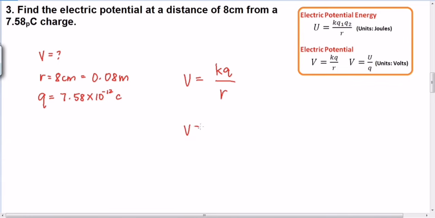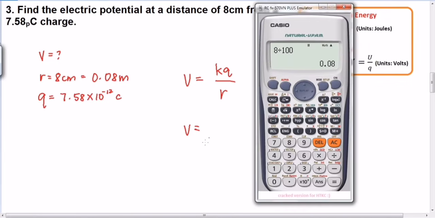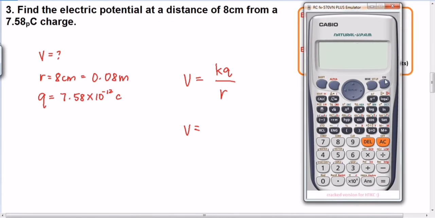Okay? So, V is equal to, ayan. So, kunin ng calcu, isalpak si K, which is 8.988 times 10 raised to 9. Okay? Times, yung Q natin na binigay, isa lang yan, which is 7.58 pico, which means times 10 raised to negative 12. And then, ang denominator natin is 0.08, ha?